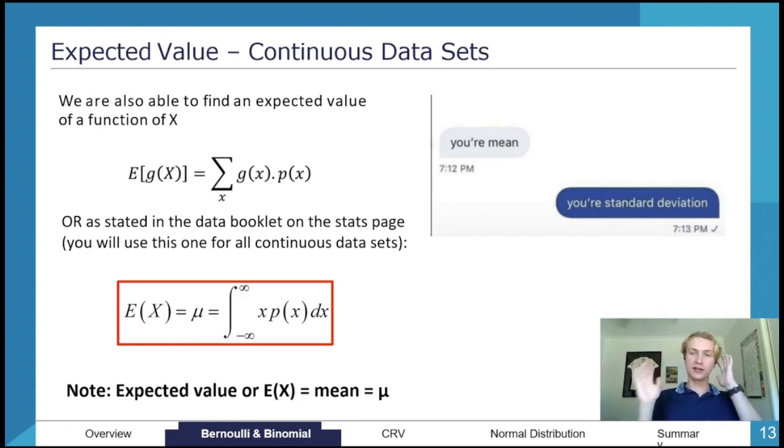Okay. Now for our continuous data sets. As I said before, our continuous data sets have something slightly different going on, and that is that we're using integrals to work out the functions. If it's a continuous function, that means that the graph has a shape. And if the graph has a shape, one interesting property is that if we integrate, we can find the probability of it being between 2 points.